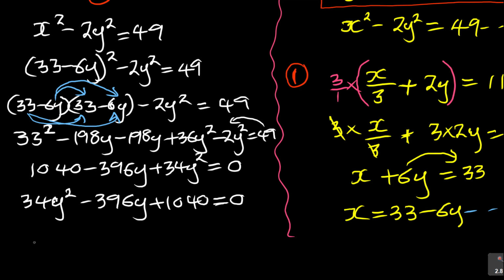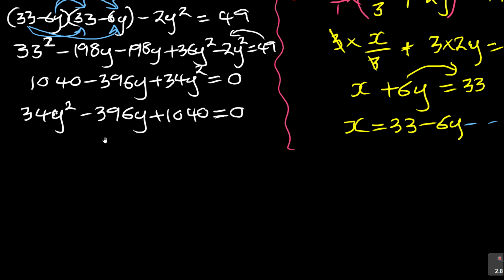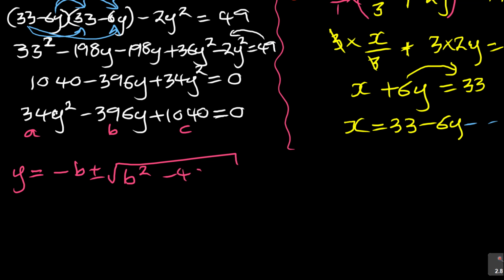From here I use the quadratic formula. I know you can divide and see the common factor there, but let's just go straight to the quadratic formula. Remember, this is my A, my B, and my C, and the formula says y, since I'm solving for y, is minus b plus or minus square root of b squared minus 4ac, divided by 2a. See that?